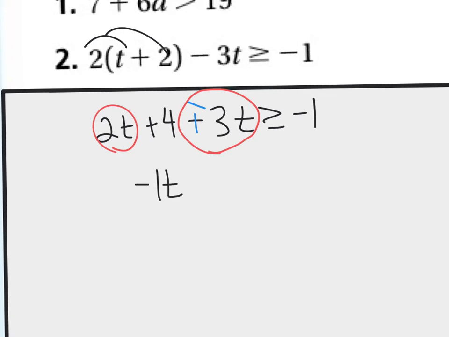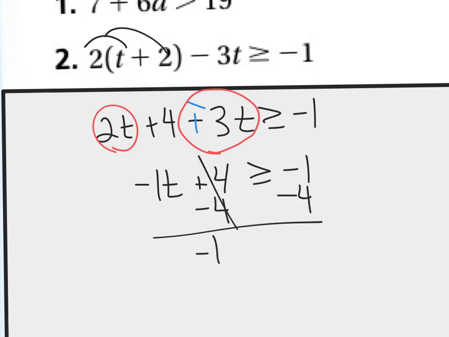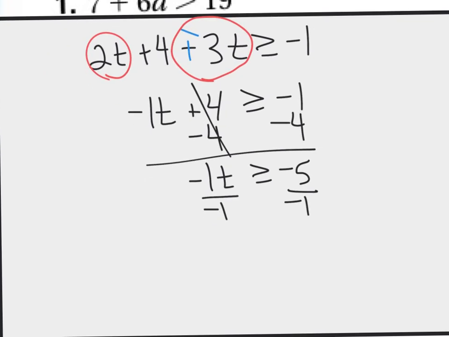That would be negative 1t plus 4 is greater than or equal to negative 1. And then subtract 4 and divide by negative 1. So here we are, last step, dividing by negative. That's going to switch our inequality sign around. So t is less than or equal to 5.